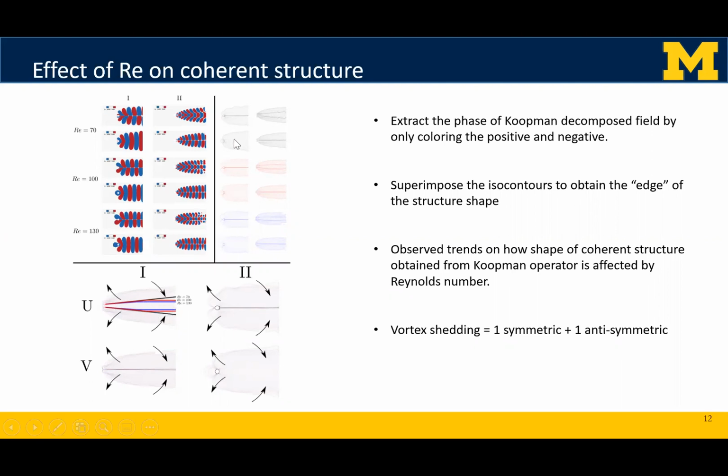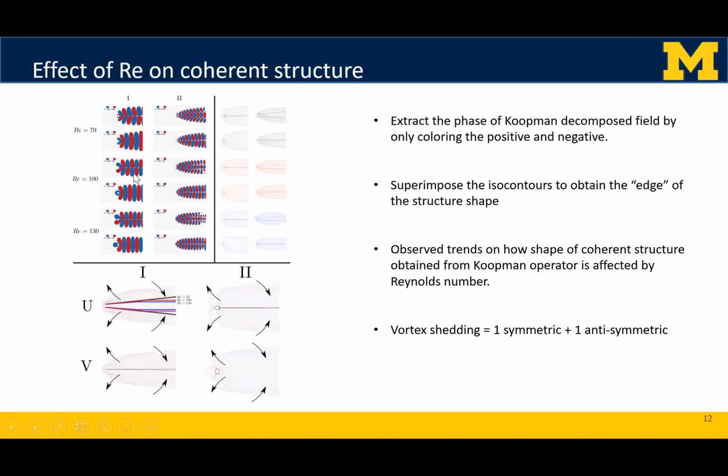And also we observe there's a discontinuous line in the U velocity component for the first harmonics. And we found that such a discontinuous line becomes more and more flat and close to the center line of the geometry as the Reynolds number increases.